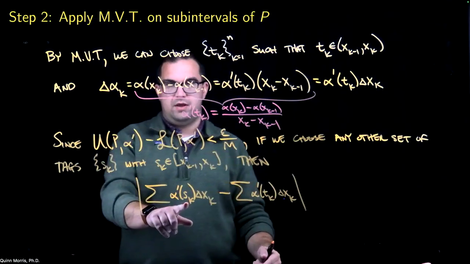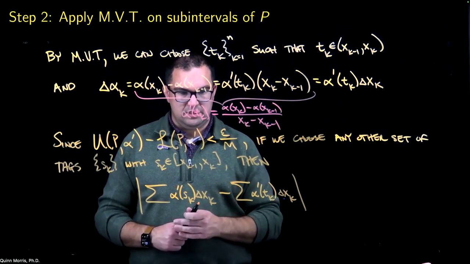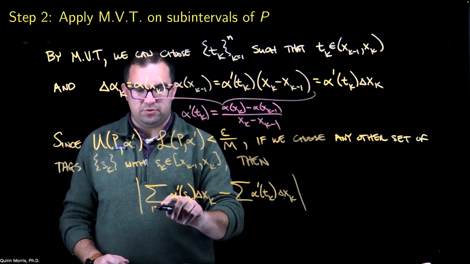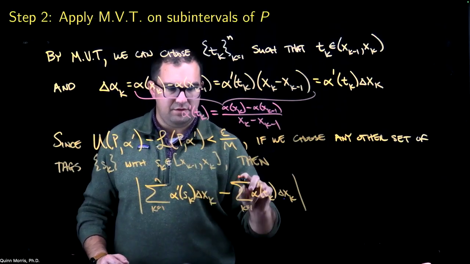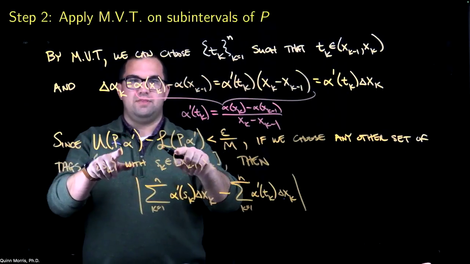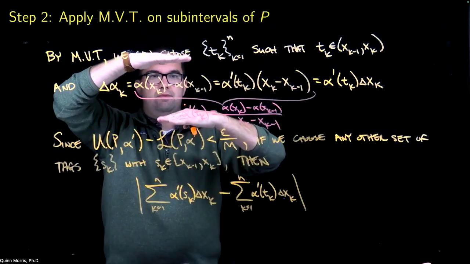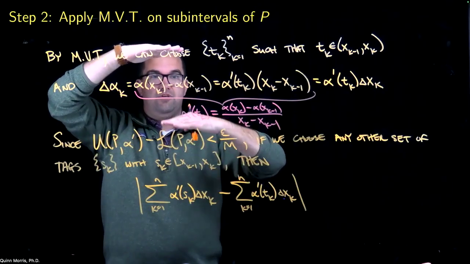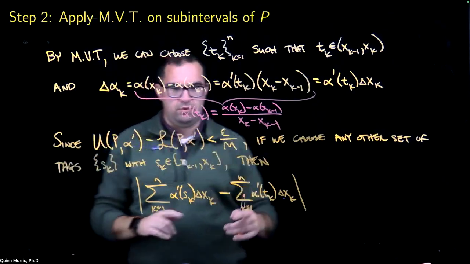This is a Riemann sum using the tags s_k. This is a Riemann sum using the tags t_k. The difference between these two must be less than the difference between the upper and the lower, because the upper and the lower give you the extremes. Any two Riemann sums must be below the upper and above the lower, so their difference must be smaller than the difference between the upper and the lower.